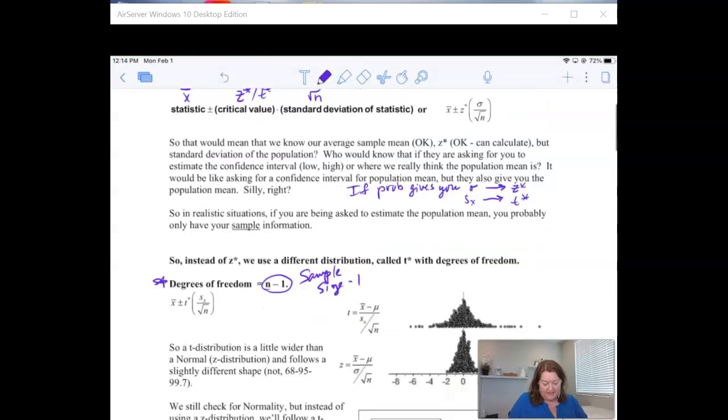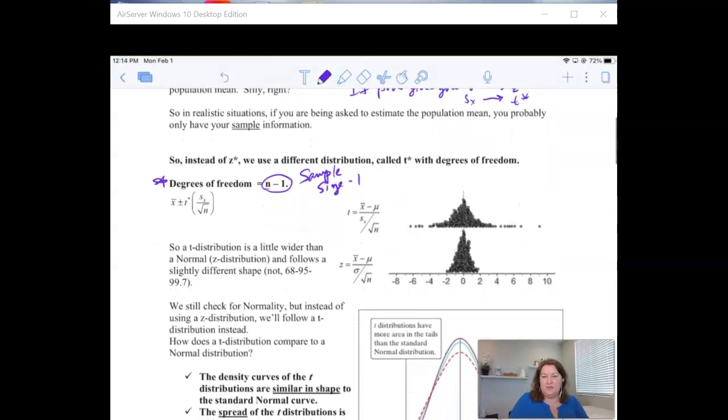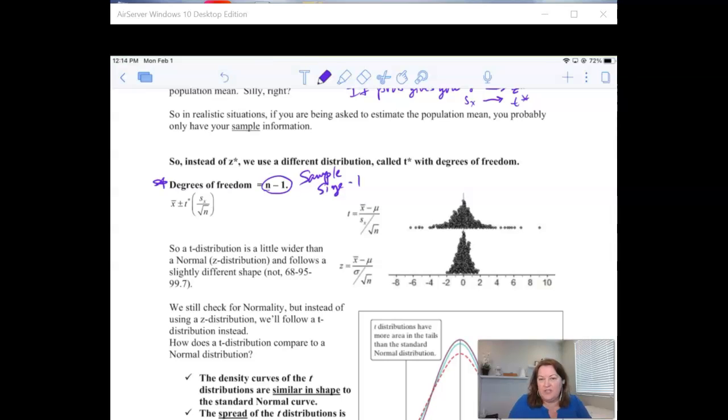Take a look at these two dot plot distributions. The top one is using the t and the bottom one is using the z. What you should notice about both of those is that they look like they could be approximately normal, right? So when we check conditions, we're still going to check the normal condition to see if they have that general shape of that curve.